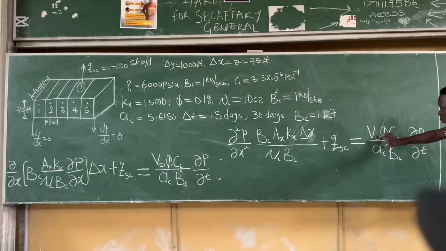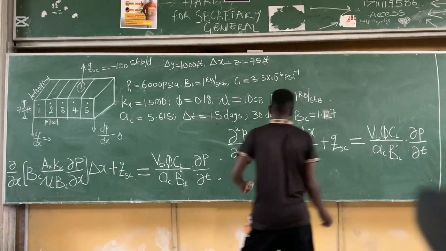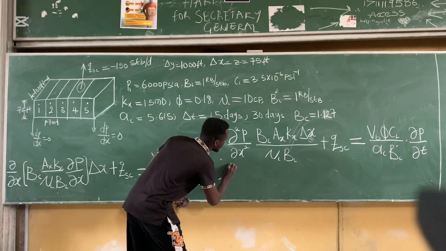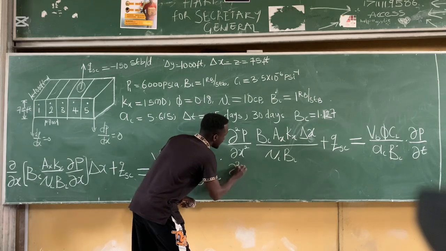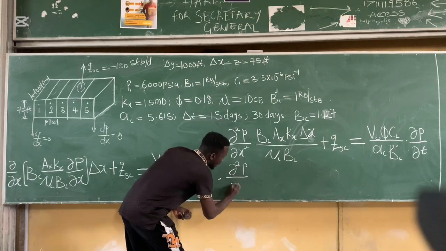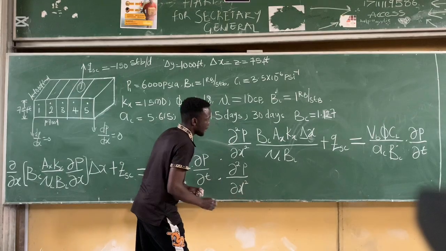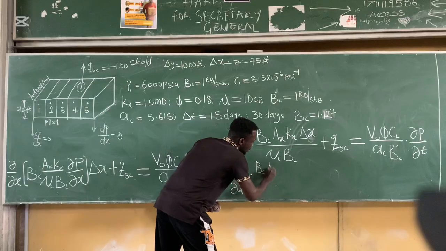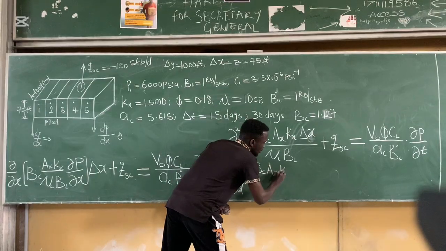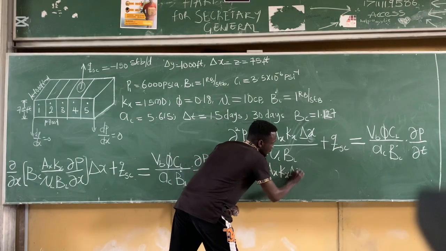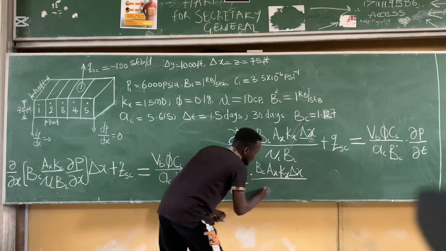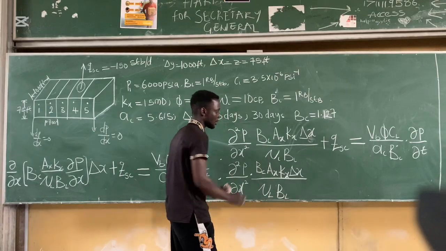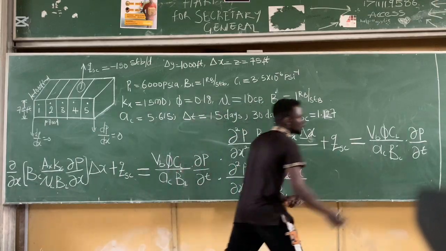So if we divide through by this, we are going to have d squared P over dx squared times Bc Ax kx delta x divided by mu L BL. Now this one is just for this term, so we are dividing through by the coefficient of this.